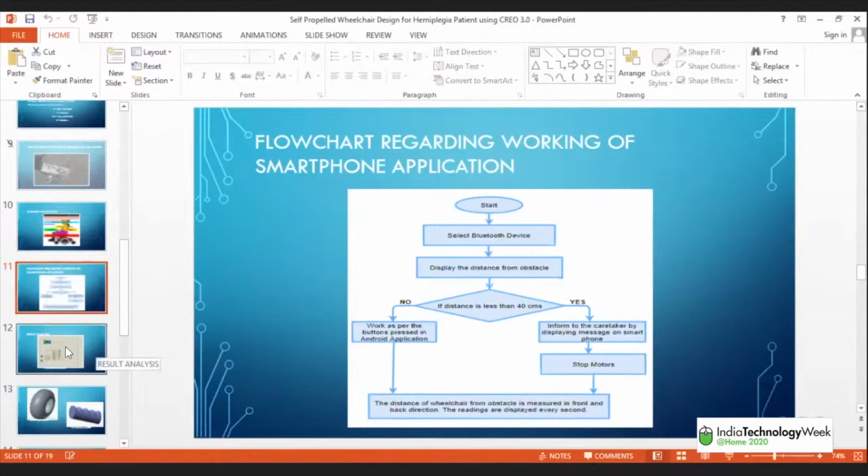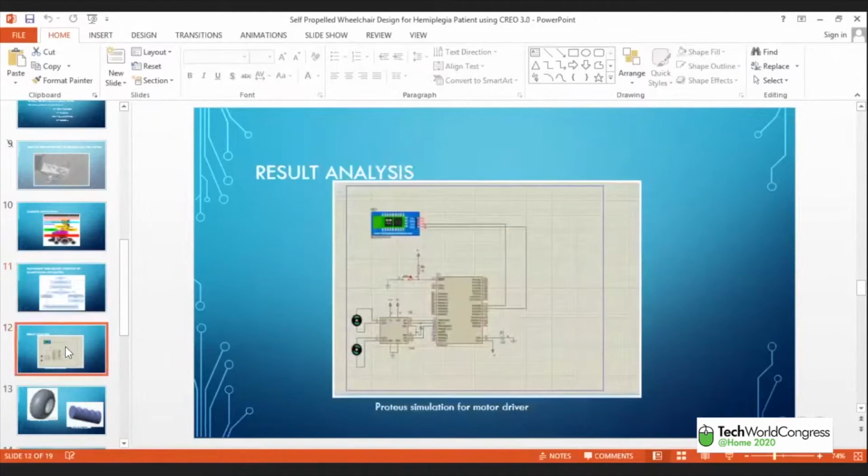Basically, we are electronics and communication people, faculties and students from the electronics and communication department, and hence we generally opt for Proteus or Eagle for our circuit implementation. This is done on Proteus simulation.